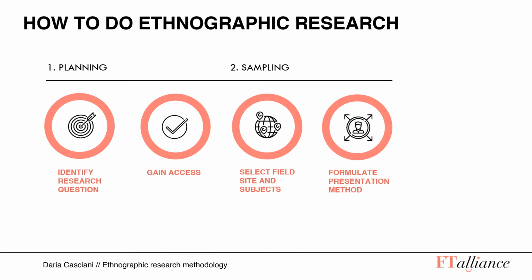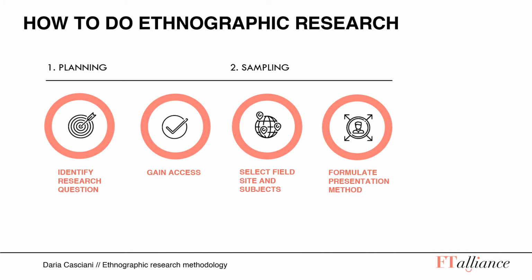Once this is organized, the ethnographer focuses on sampling. Sampling of the research setting is an important component of data collection because it frames the overall methodology of your research.